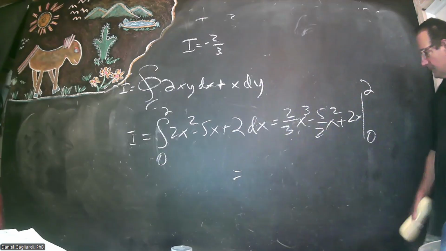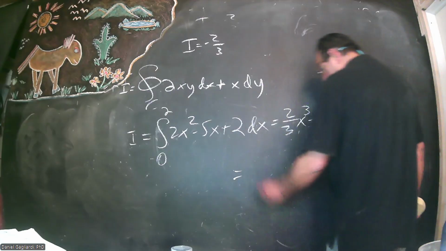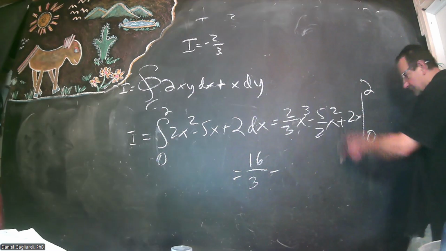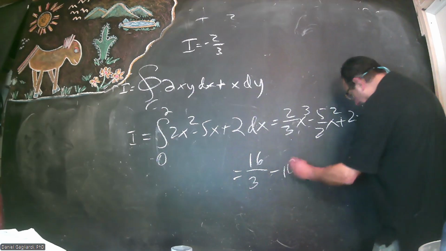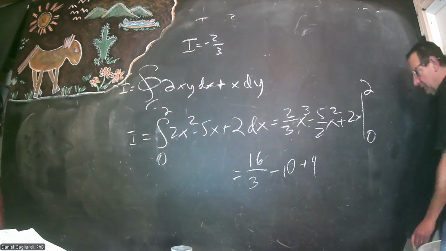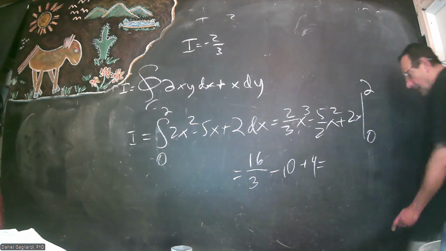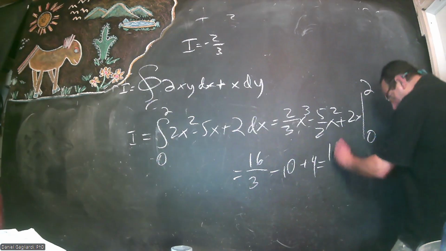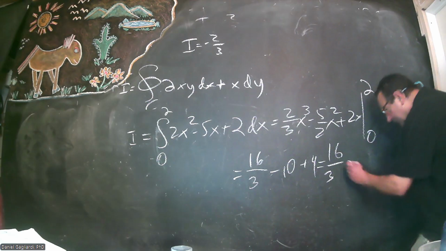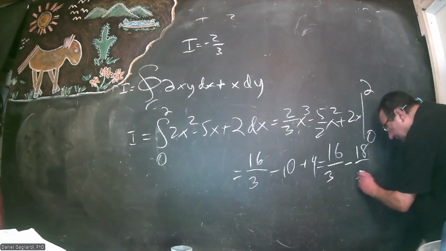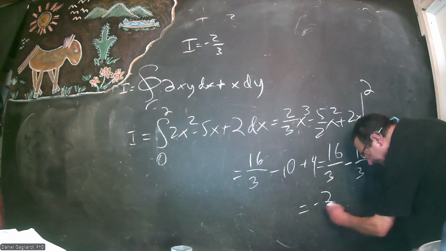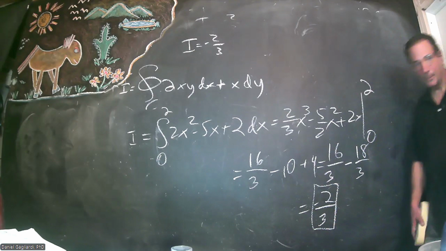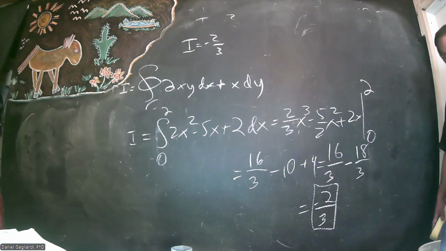So we have 2 cubed, 8 times 2/3, 16/3, minus 2 squared, cancel a 2, minus 10 plus 4. So that's 16/3 minus 6, which is 18/3. I'm so happy. So 16/3 minus 18/3 is indeed negative 2/3. Wow. Wasn't that great?